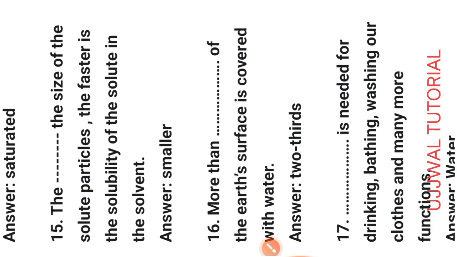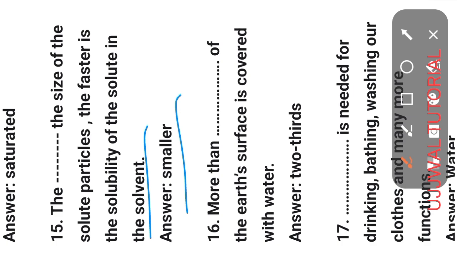The smaller the size of the solute particles, the faster is the solubility of the solute in the solvent. Next question. More than dash of the earth's surface is covered with water. Two-third. More than two-thirds of the Earth's surface is covered with water.